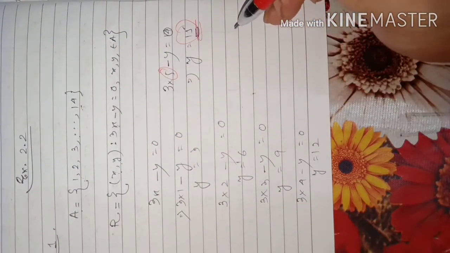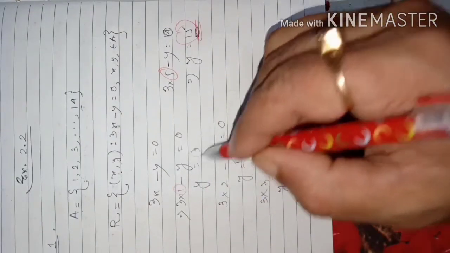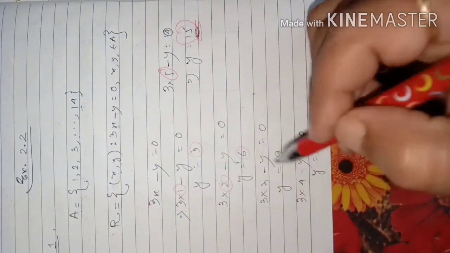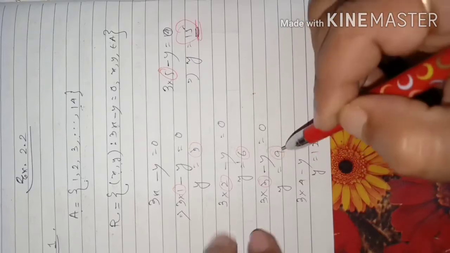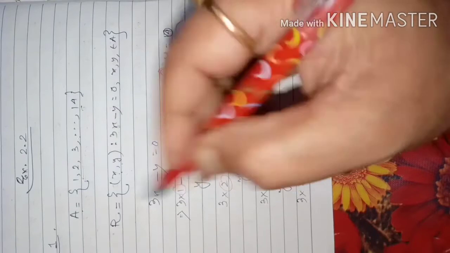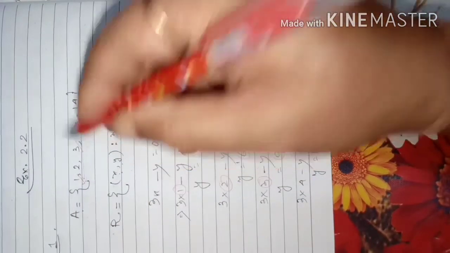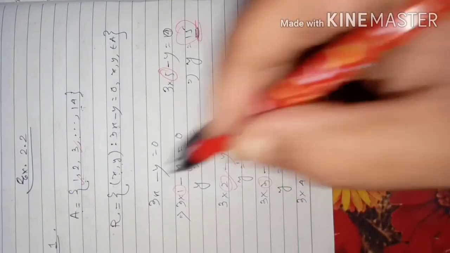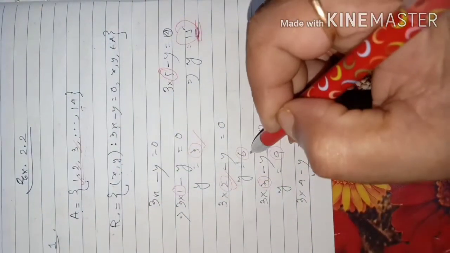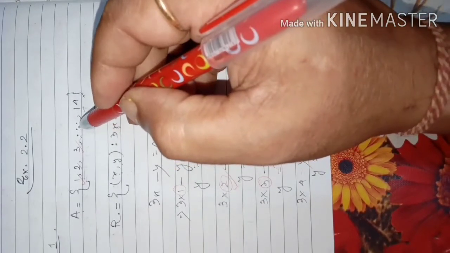Is it understood, students? So which are the pairs? (1, 3), (2, 6), (3, 9). These results must be in set A. If you take 1, 3 is coming out, and 3 is there. If you take 2, the result is 6, and it is there because 3, 4, 5, 6 is there.